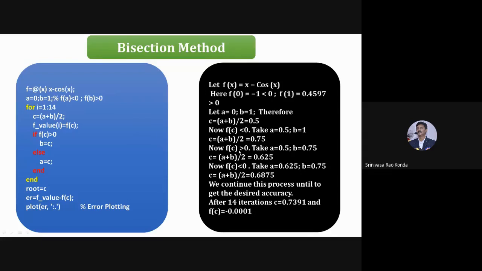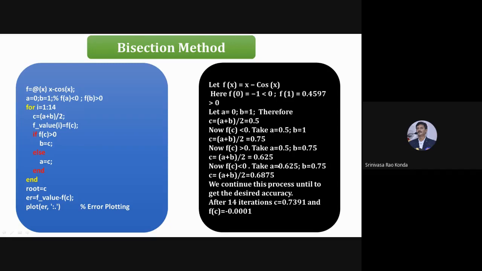It is greater than 0. So we replace b, since f of c is greater than 0. So a is 0.5, b is equal to 0.75, and the root lies between 0.5 and 0.75. Again we calculate c is equal to a plus b by 2, here 0.625. The function value at this point is less than 0.